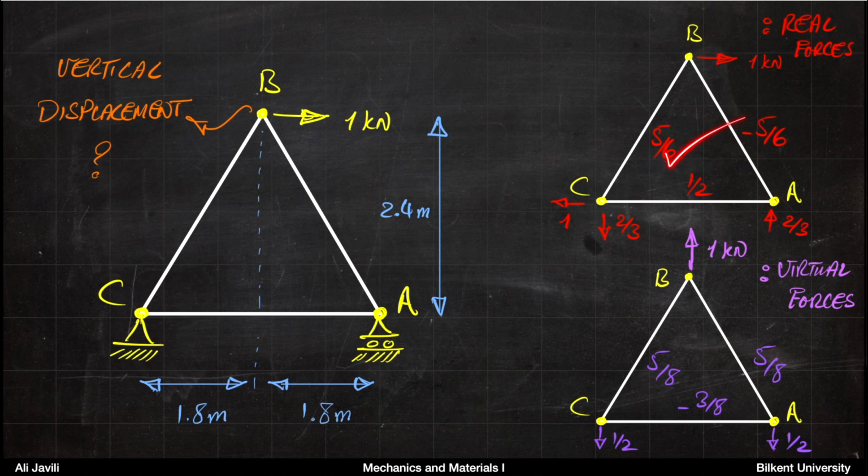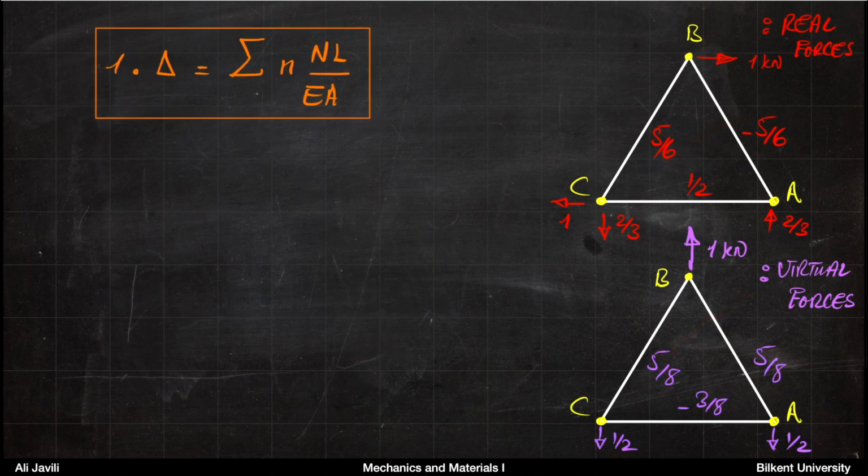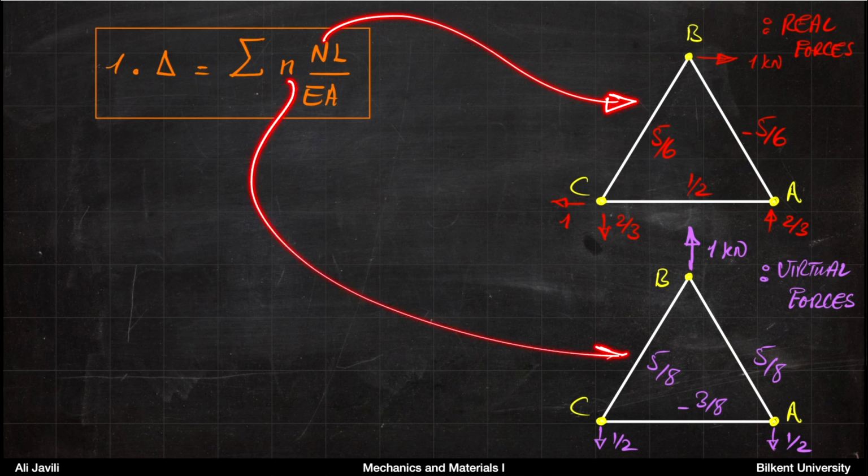So once you have these, all you need to do is to just use the formula that we learned for the method of virtual forces. Here the capital N's correspond to the real system, and small n's correspond to the virtual system.